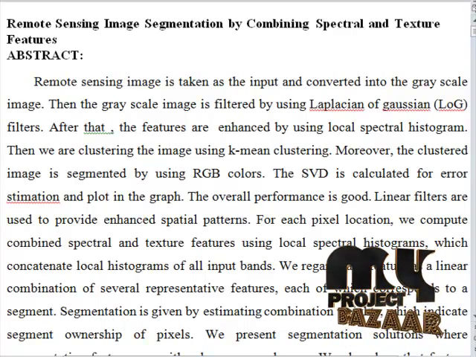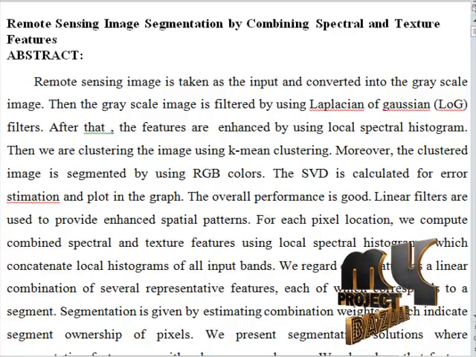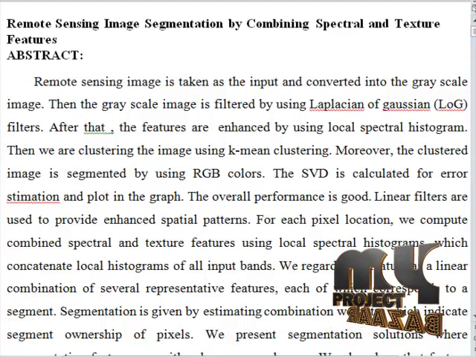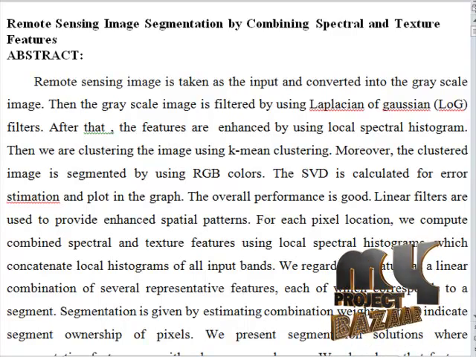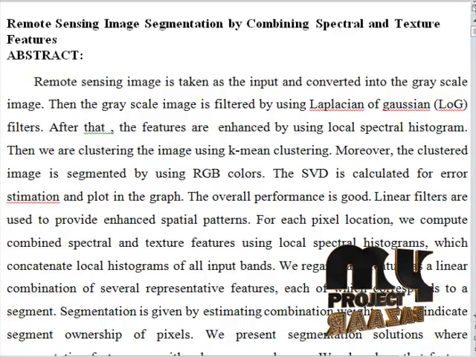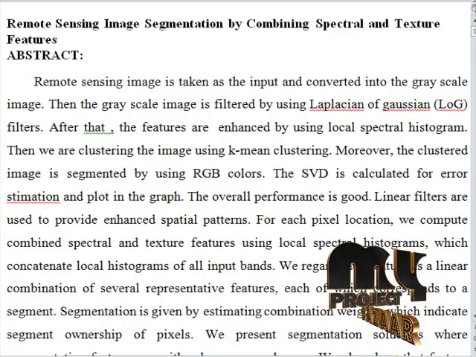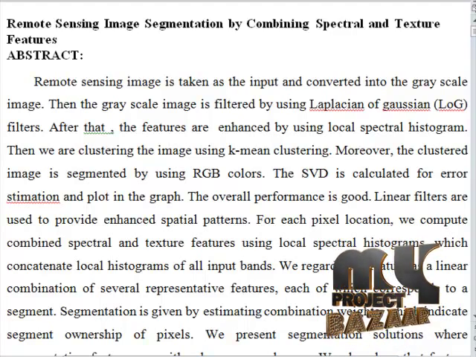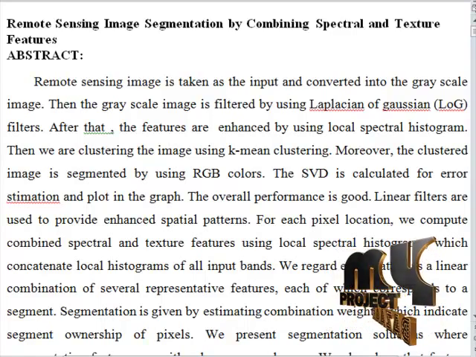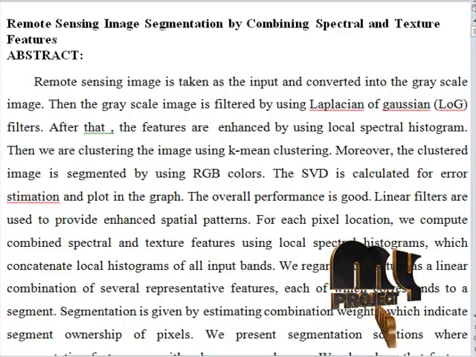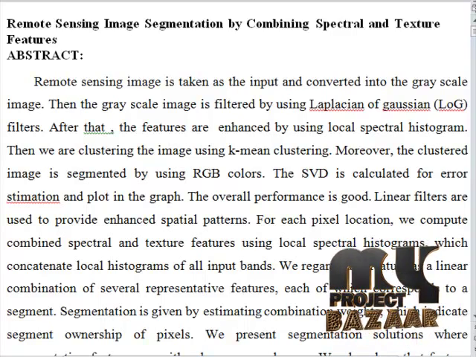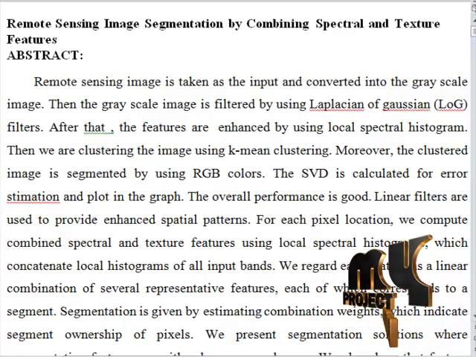The k-means algorithm is an algorithm to cluster n objects based on attributes into k partitions where k is less than n. It is similar to the expectation maximization algorithm for mixtures of Gaussians in that they both attempt to find the centers of natural clusters in the data. It assumes that the object attributes form a vector space.